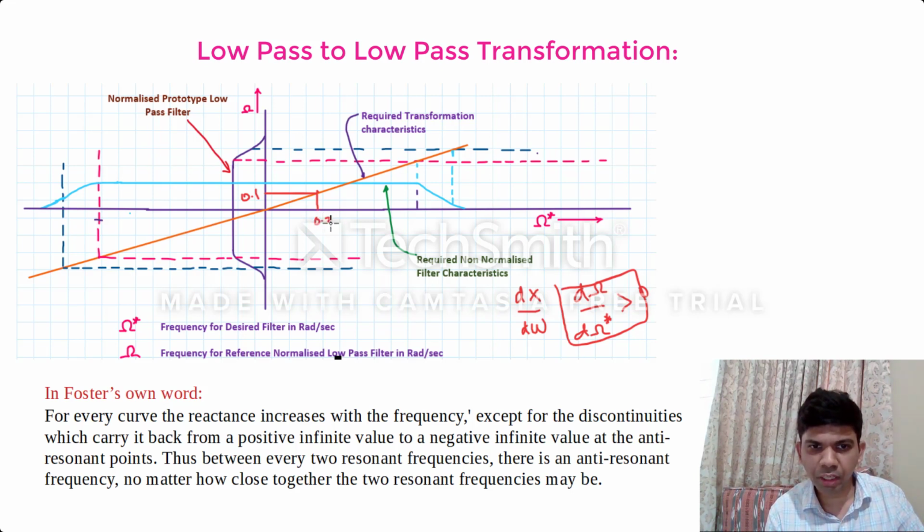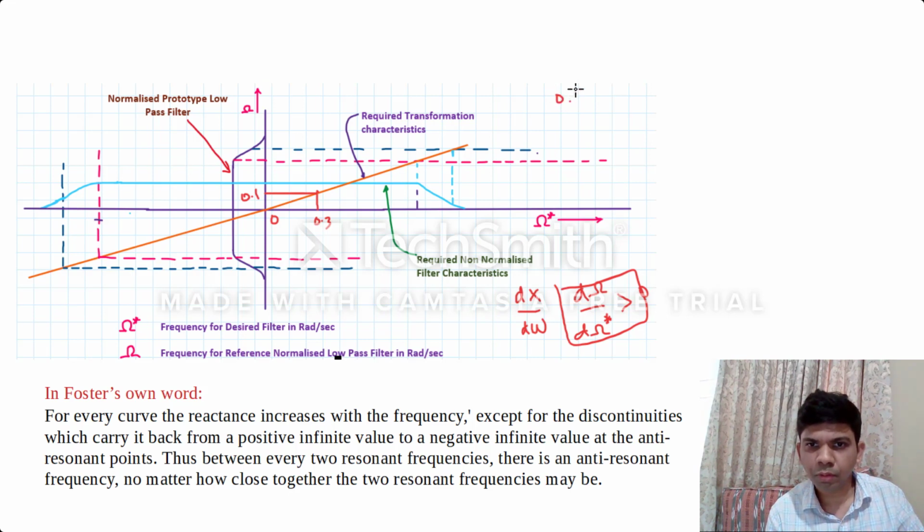So omega is becoming 0.1 from 0 when omega star is 0.3. So if I find d omega by d omega star, it is 0.1 minus 0, that is 0.1, divided by 0.3 minus 0, that is 0.3.